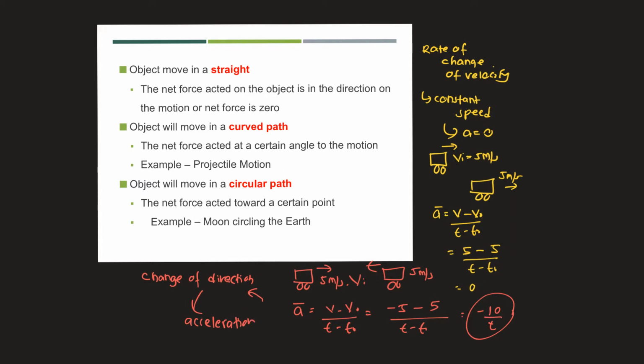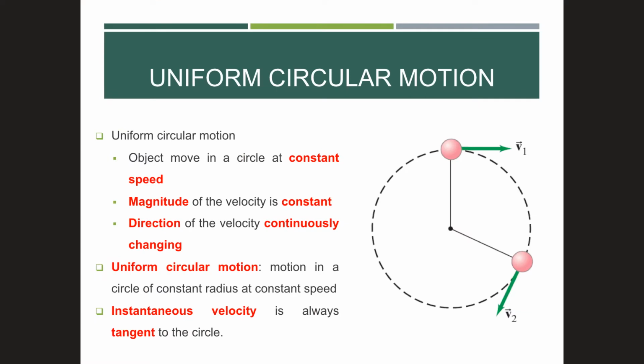Okay, so we are going to use this concept in uniform circular motion. When it comes to uniform circular motion, the thing you need to understand here is that the velocity magnitude is always constant, but the direction of velocity is continuously changing.